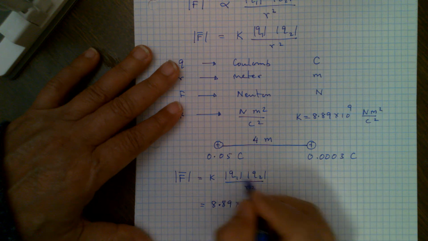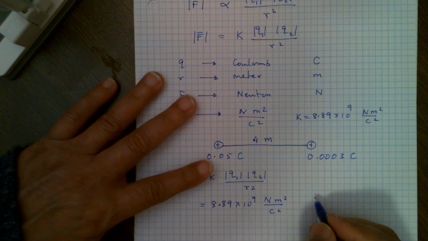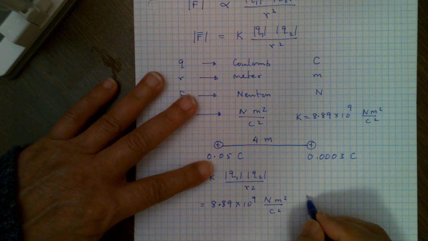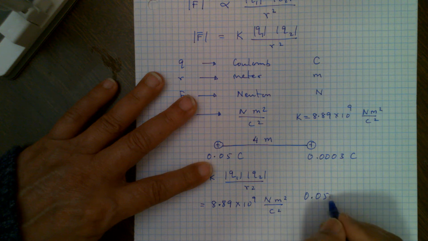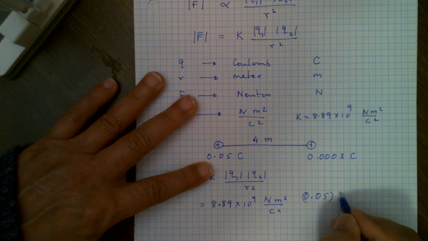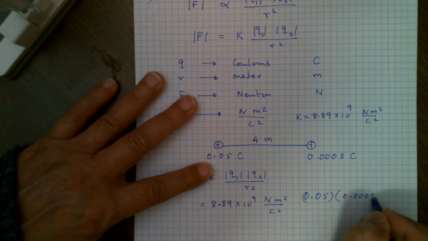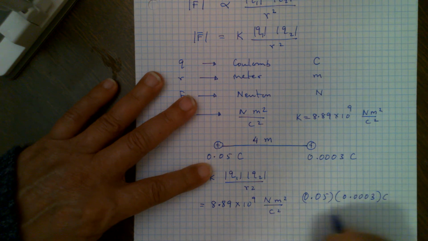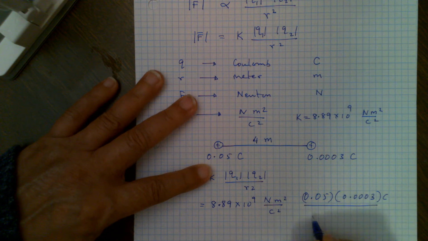Q1 is 0.05 coulomb. Q2 is 0.0003 coulombs, divided by 4 meters squared.